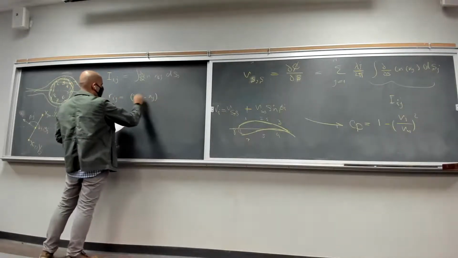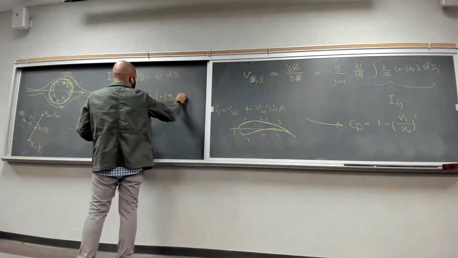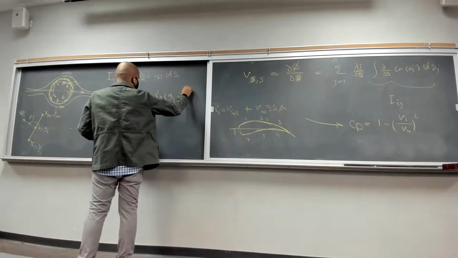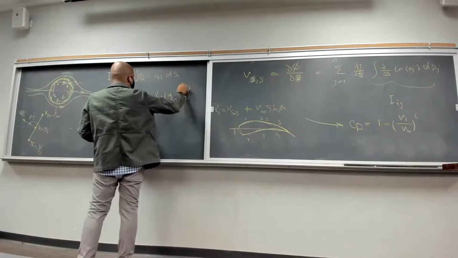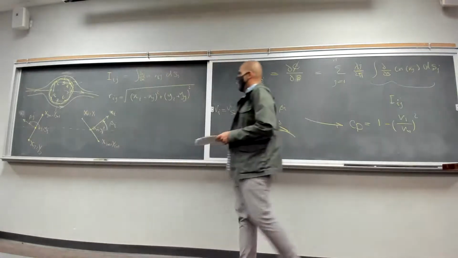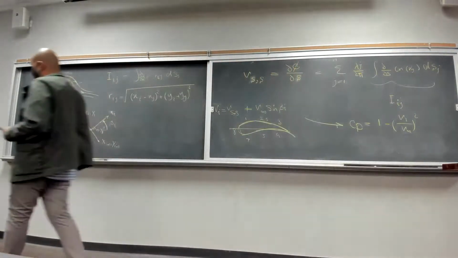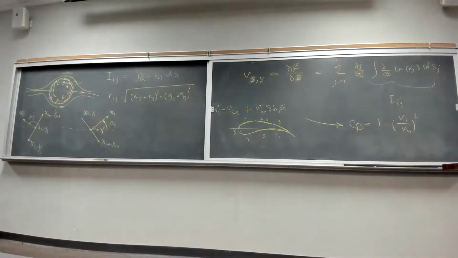Xi minus xj, yi, thank you, yi minus yj, and square root. This should be your R of ij. That's the distance between the two panels.